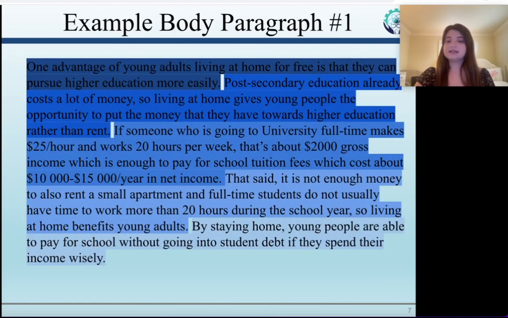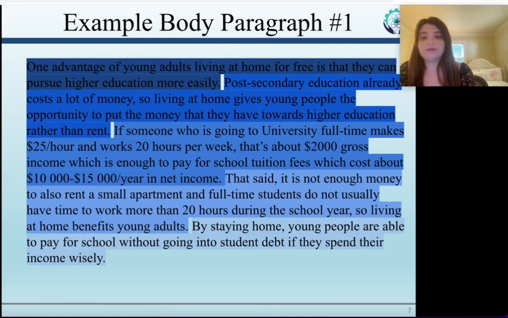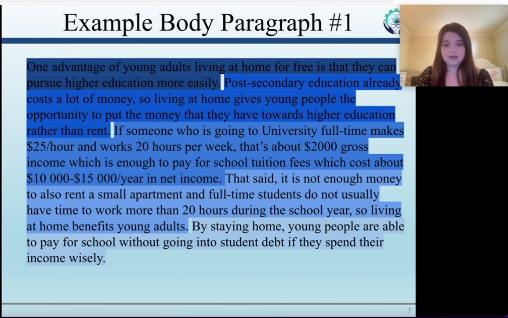So how does that example relate to my reason from earlier, that living at home helps us pursue higher education more easily? Well, it says that, said, it is not enough money to also rent a small apartment, and full-time students do not usually have time to work more than 20 hours during the school year, so living at home benefits young adults.